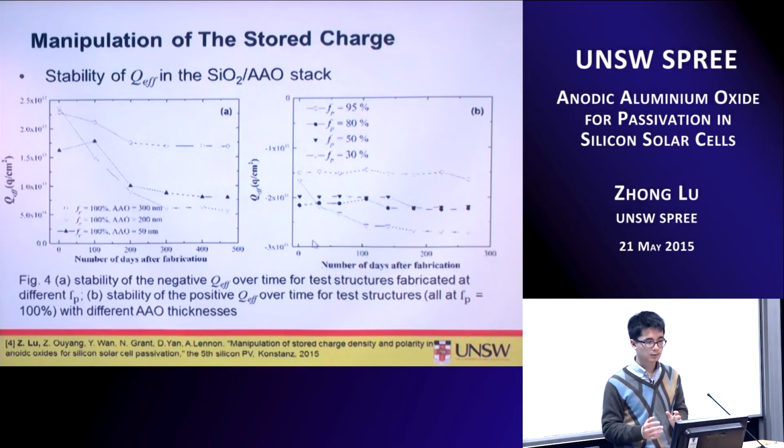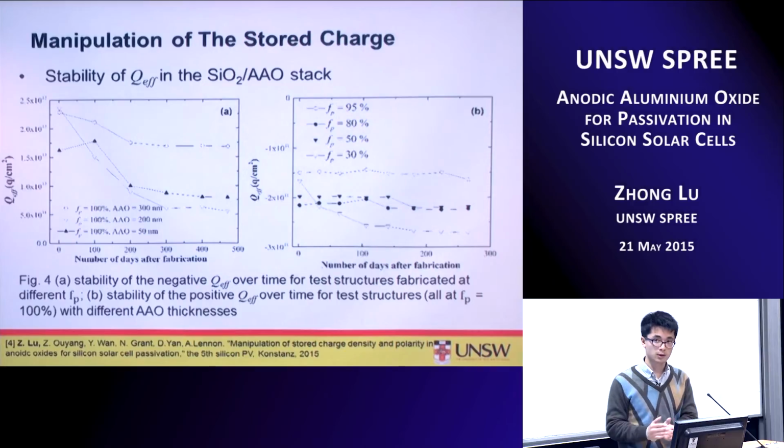The reason for this deterioration in the stored charge is the oxygen deficiency present in the silicon in the AO. In a later section, I will discuss the origin of the positive stored charge, and my conclusion is that it actually comes from the oxygen deficiency.